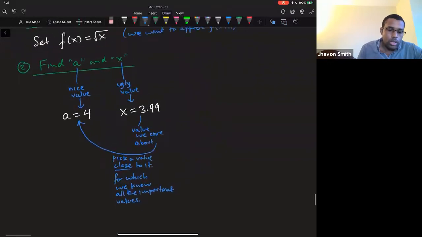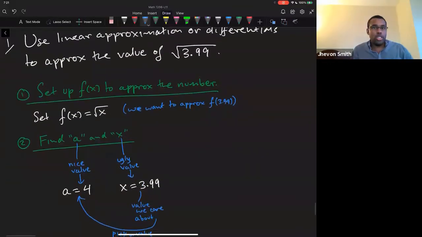Okay. So I have the function square root of x. I want to approximate it at 3.99. I don't know what it is at 3.99, but I do know what it is at 4, and 4 is super close to 3.99. So I'm going to use a linear approximation based at 4 to guess what's going to happen at 3.99.